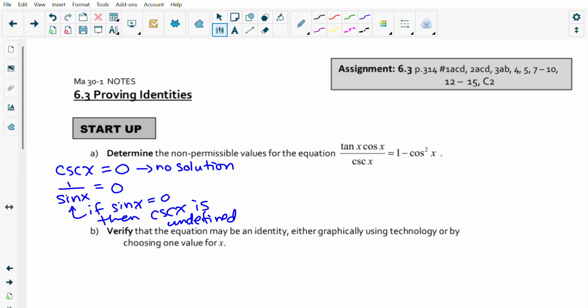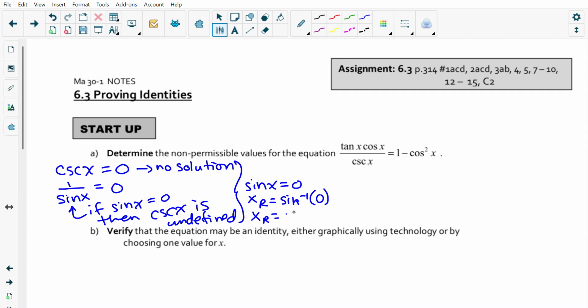That's at 0. So this whole part, sine of x equals 0. That's the inverse sine of 0. So at a reference angle, where is sine of x equals 0? Well, x has to be 0, pi, 2 pi, 3 pi.